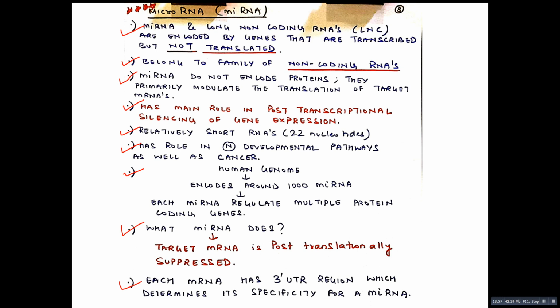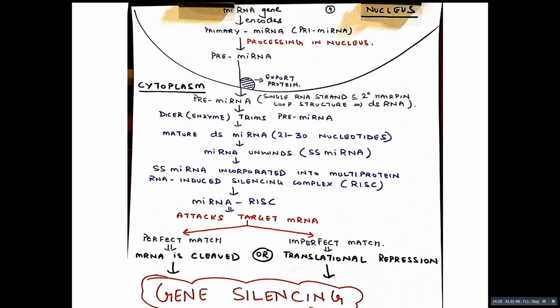Now this is a beautiful flowchart that I have prepared. First, a microRNA gene encodes a primary microRNA, which undergoes processing in the nucleus to form a pre-miRNA. These three steps take place in the nucleus. The pre-microRNA, with the help of an export protein, enters the cytoplasm.